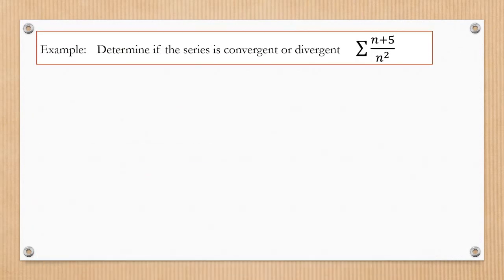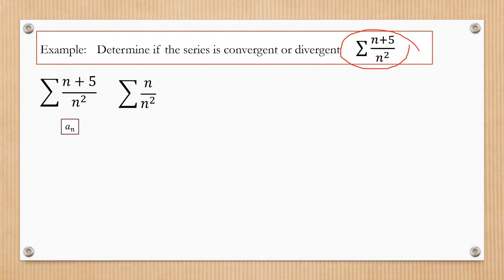Another example is, let us determine if the given series n plus 5 over n squared is convergent or divergent. Again, this is our An and this is our Bn. They look similar, but the series Bn is without the insignificant number 5. Then we get the limit of An times 1 over Bn.